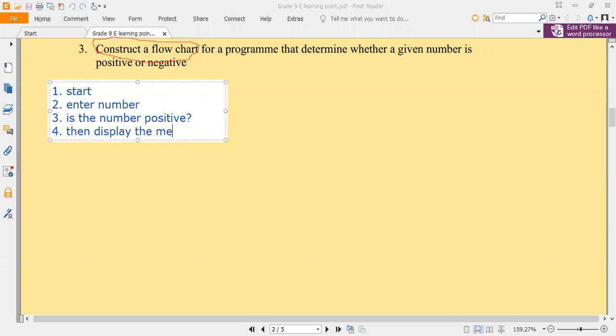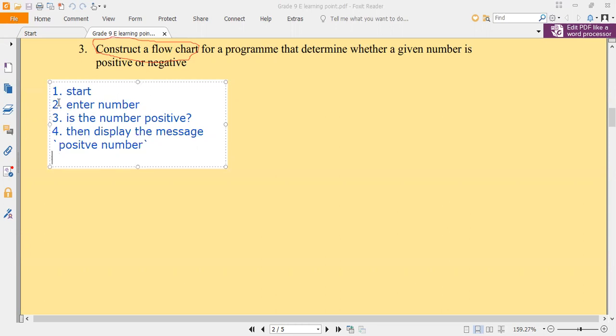The message that we're going to display, I'll put it in inverted commas. Okay, so the message will be positive. If the number is positive, it has to confirm that the number is positive.